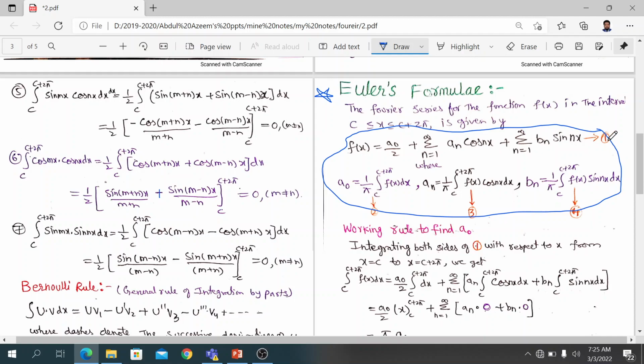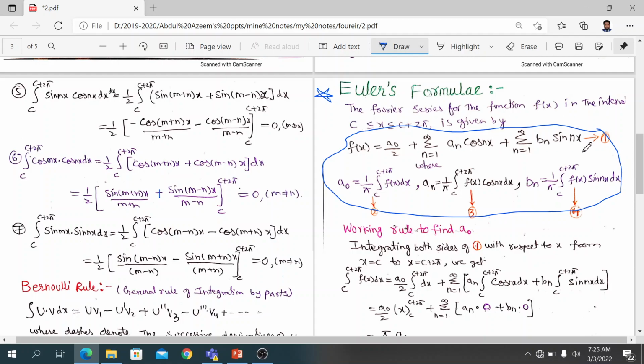Mark it as the first equation, where a naught value is 1 by pi integration c to c plus 2 pi f of x dx. an is equal to 1 by pi integration c to c plus 2 pi f of x cos nx dx. This bn value is 1 by pi integration c to c plus 2 pi f of x sin nx dx.